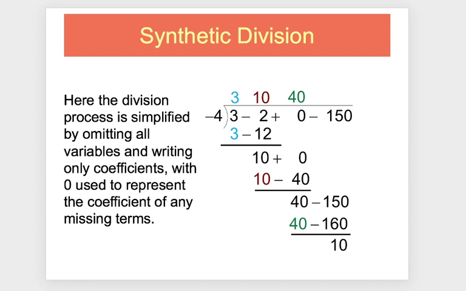It was 3x squared minus 2x squared minus 150. And all of this is divided by x minus 4. Feel free to use long division, but I'm not going to do that. So I'm just moving this down, and I'm going to rewrite it. How I want to rewrite this is as follows.